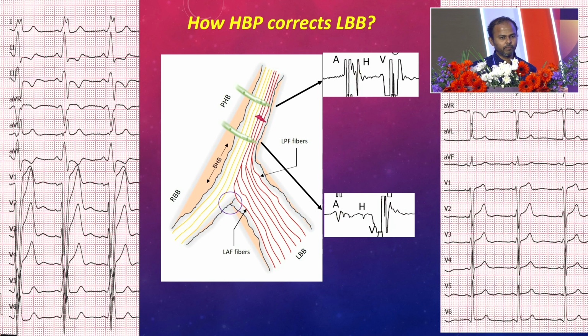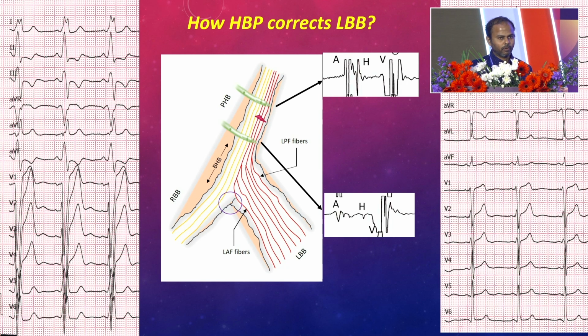But now we are in the era of left bundle pacing, where the lead can be directed into the interventricular septum to capture the left bundle fibers. But how does conduction system pacing correct this wide QRS? You have learned in physiology that the fibers inside the His bundle are already predestined.